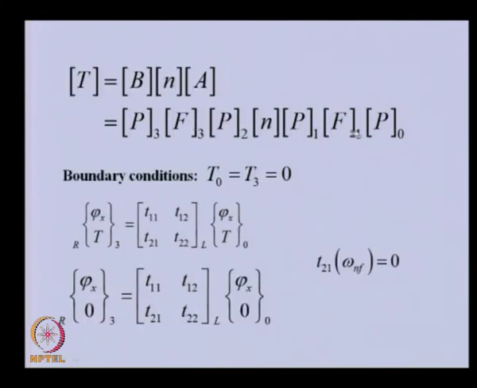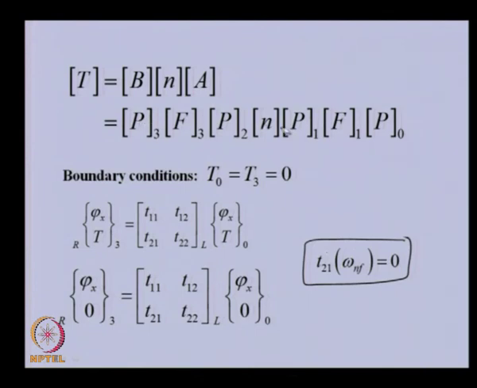So, if we multiply them we will get this transfer matrix, and for the free condition, we have already seen that if we apply the boundary condition, from the second equation we get this as the frequency equation. So, this particular term will be the frequency equation.